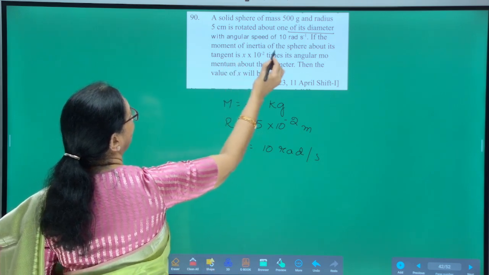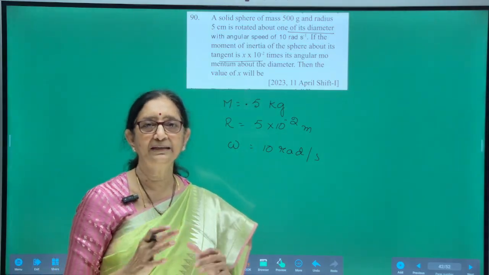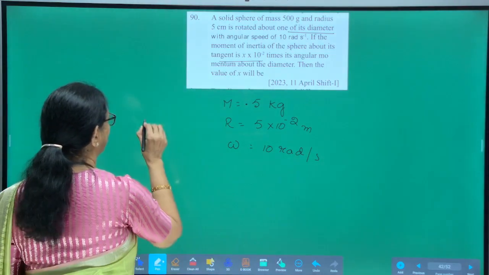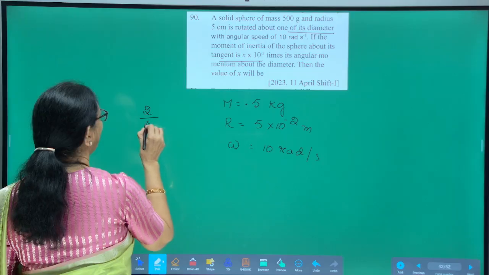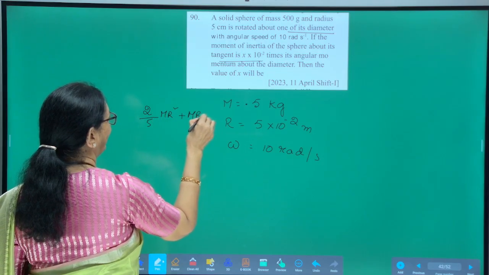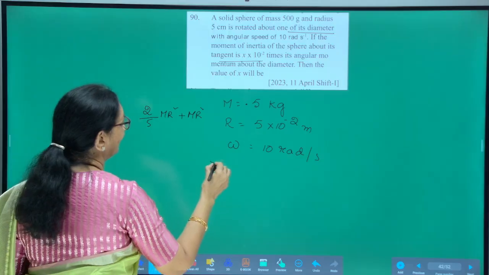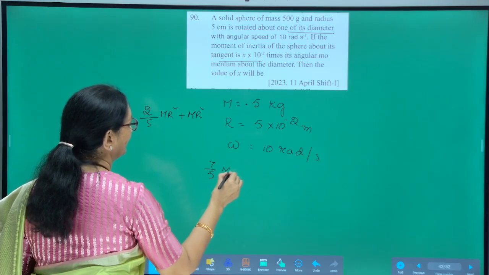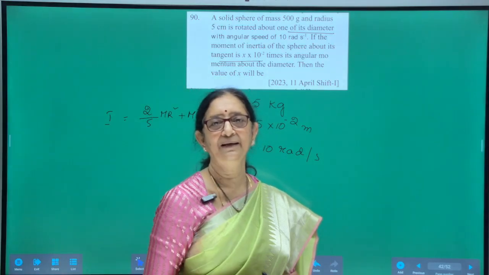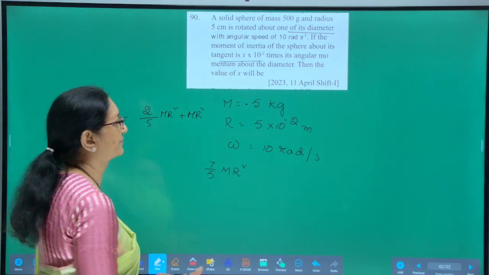Moment of inertia of a solid sphere about any tangential axis is 2 by 5 mr square plus mr square, again from parallel axis theorem, that is equal to 7 by 5 mr square. So, moment of inertia of a solid sphere about tangential axis is 7 by 5 mr square.